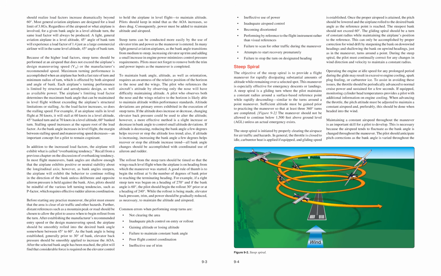However, a more effective method is a slight increase or decrease in bank angle to control small altitude deviations. If altitude is decreasing, reducing the bank angle a few degrees helps recover or stop the altitude loss trend. Also, if altitude is increasing, increasing the bank angle a few degrees helps recover or stop the altitude increase trend. All bank angle changes should be accomplished with coordinated use of aileron and rudder.